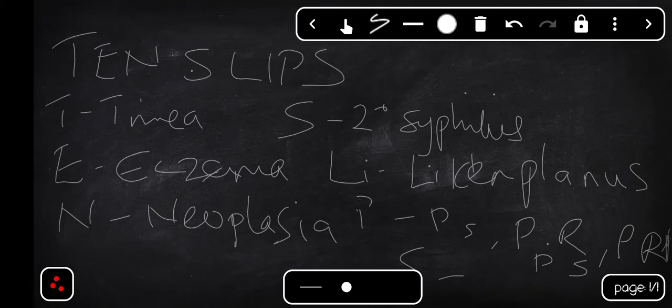Another thing we should know is the P. The P is psoriasis, and this P covers pityriasis rosea, pityriasis rubra pilaris, and parapsoriasis.